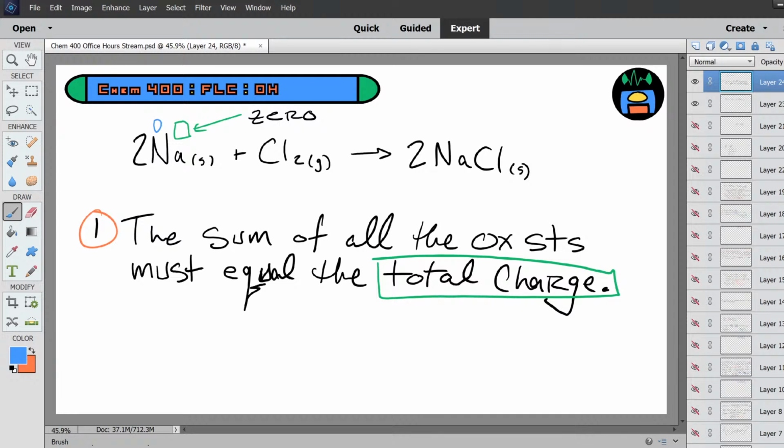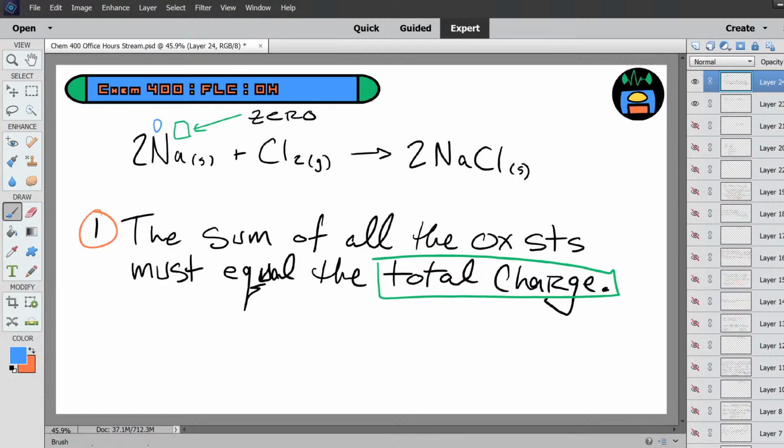So before you jump to rule 3 that talks about the main group metals, first you got to look at the first rule. If that can't help you, then you jump to rule number 2 about hydrogen, then rule number 3 about main group metals, finally the rule about electronegativity. So if an element has no charge listed next to it, like sodium, it would not be its ionic charge, because the first rule says that all the oxidation states must equal our total charge, which in this case is 0.